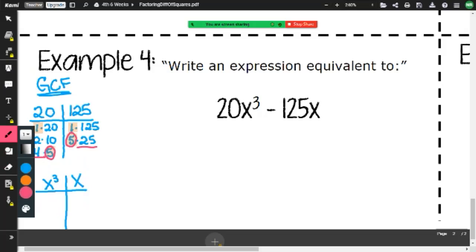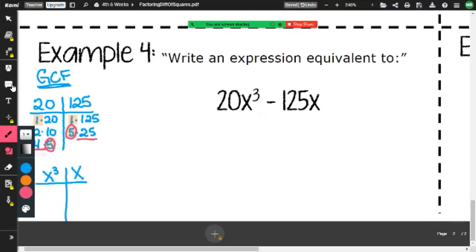Okay, now let's find the greatest common factor with our variables. X cubed means we're multiplying x how many times? 1, 2, 3, and then 1 for the other side. How do we know, or what do we do to figure out how many x's to take away? You group them. How many groups can I make? Only one group.